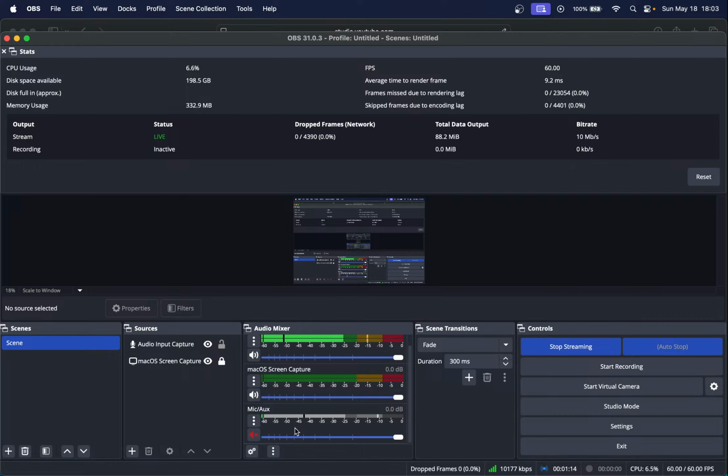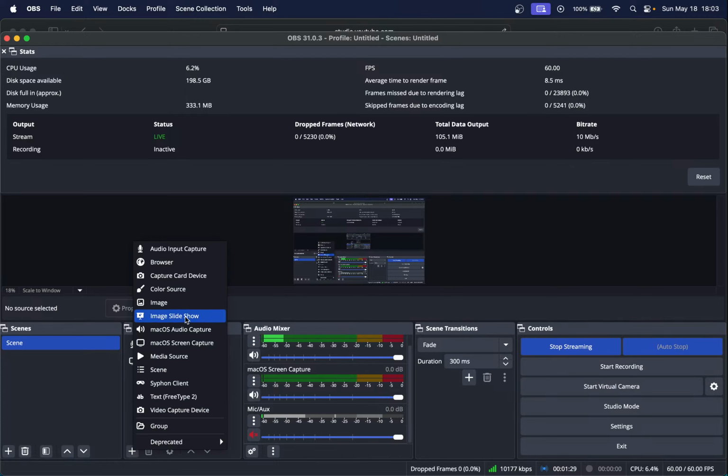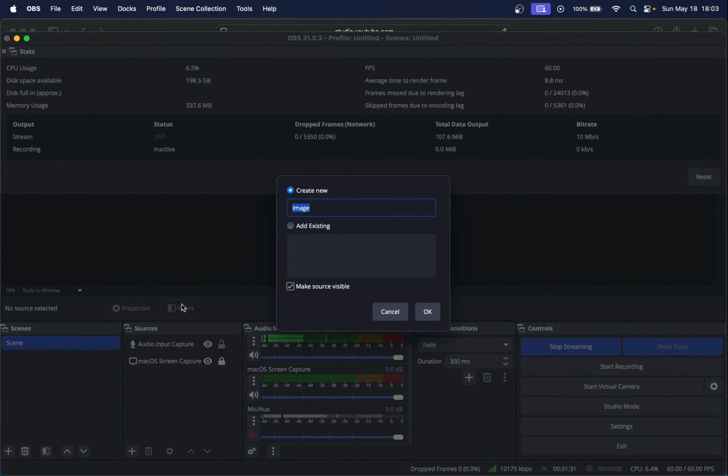I just want to add a few things to this stream. Oh, I didn't realise I was showing that screen. It doesn't matter. I'm going to add an image, which will be a QR code.